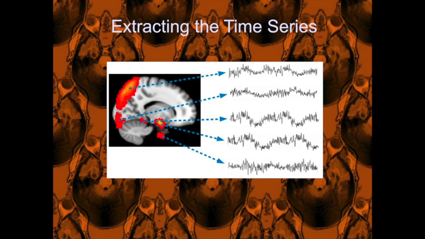The way this works is that we extract the time series, and somebody had asked a question about that earlier. For each area that we're interested in looking at a connectivity graph for, we pull out the time series associated with that ROI, and we feed it into IMaGES. There is some variance on how you pull out the time series. You can pull out the mean time series for the area.